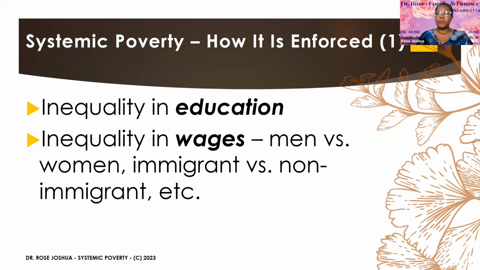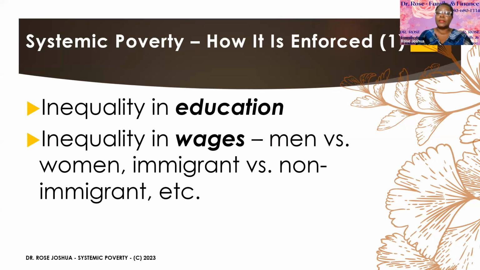It's just that people have different levels of education based on the decisions they make. But some of the decisions are very systemic. So we're going to cover some of those systemic myths and gimmicks in future parts. But today we're just going to identify how systemic poverty is enforced.